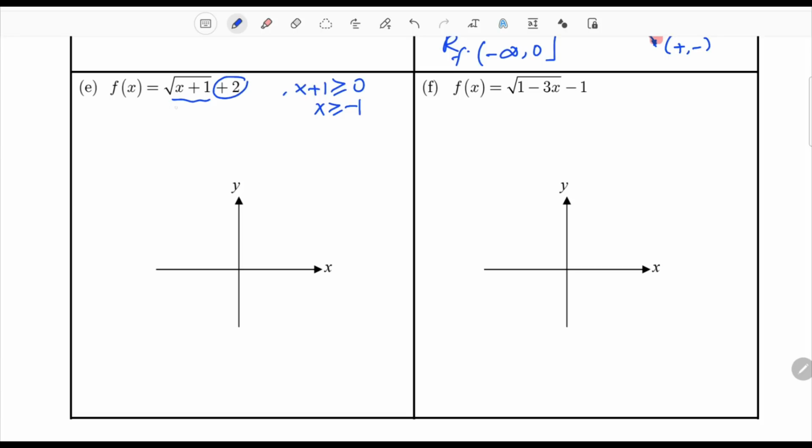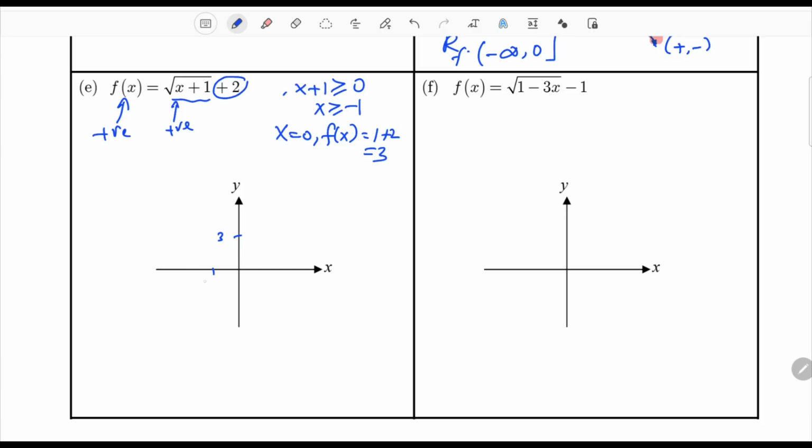Okay, so again, your x is positive, your y is positive. So when x is 0, you get f(x) equal to square root of 1 plus 2, meaning you get 3. So get your 3. Okay, so get your negative 1. So here is negative 1.